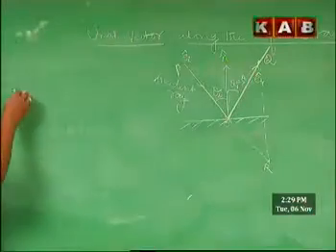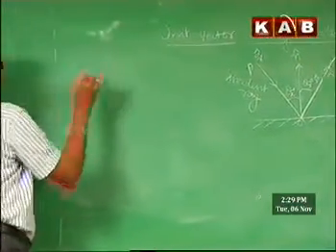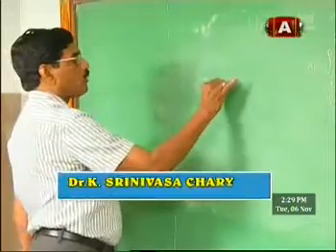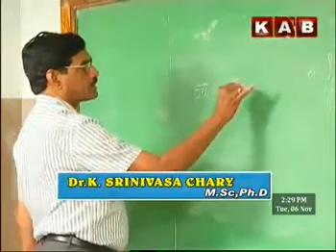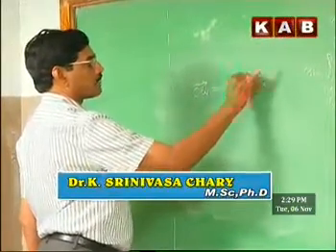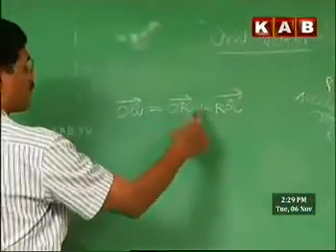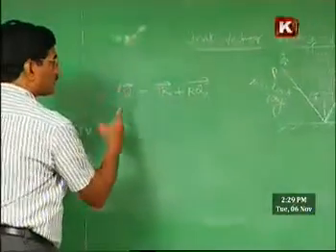Now we will write OQ. The vector OQ is equal to the vector OR plus the vector RQ. Let M be the mirror here. So OR plus RQ is equal to OQ.